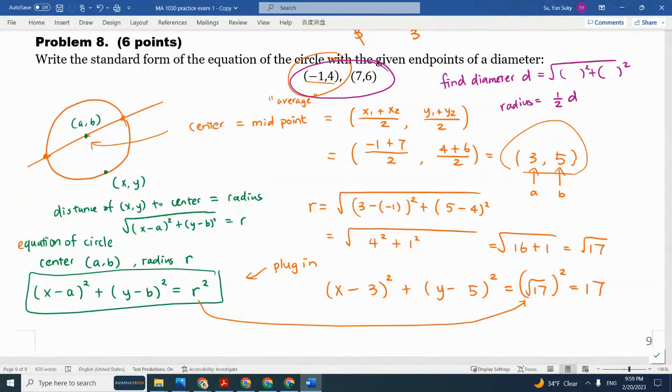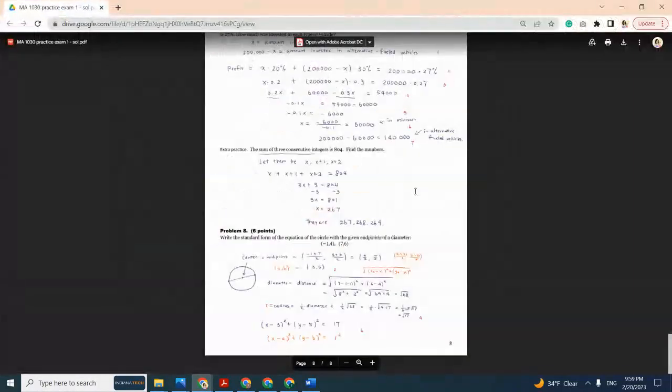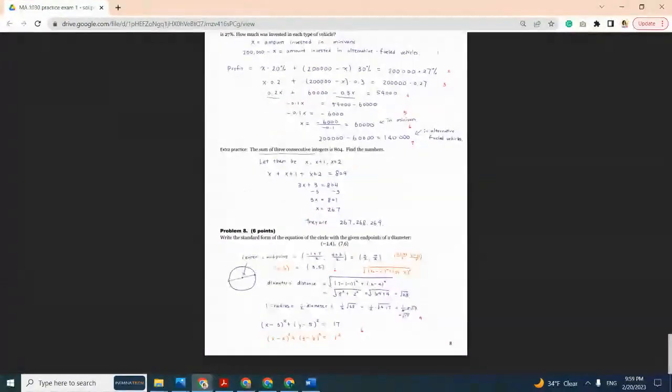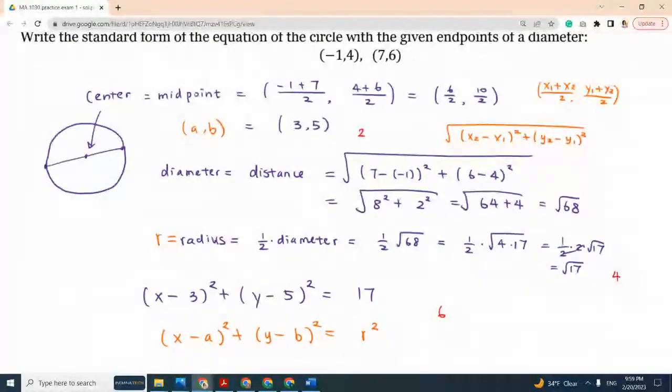In the solution of the practice exams, I computed the distance of those two given points and got the diameter as the square root of 68. The radius is 1/2 of the diameter, so 1/2 times the square root of 68.